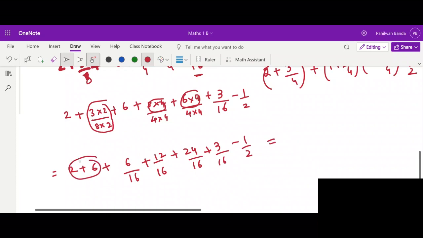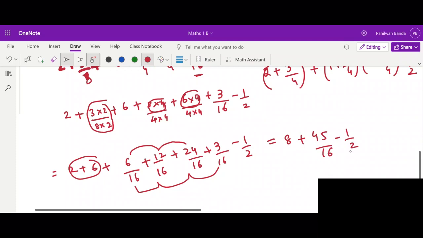Now this will be equal to 2 plus 6, how much? 8 plus, now because all the denominators are same, you can simply add them. 6 plus 12 is 18, 18 plus 24 is 42, plus 3 is 45 by 16, minus 1 half.